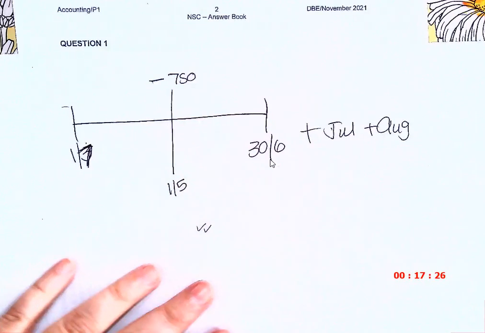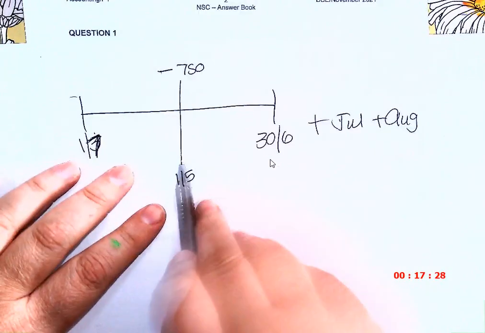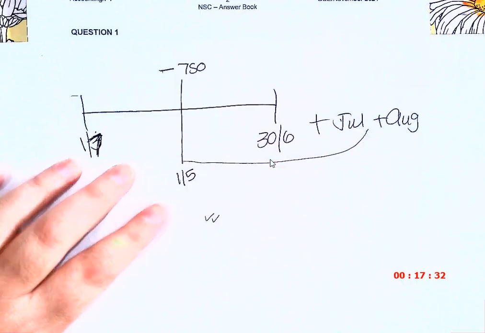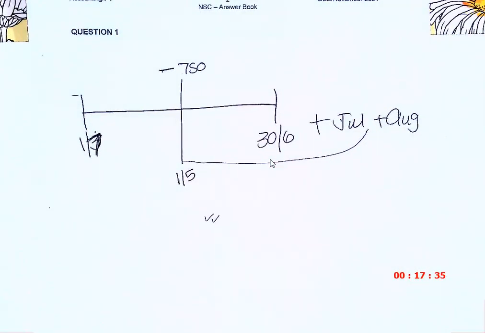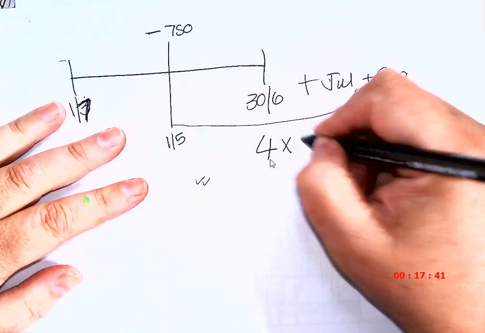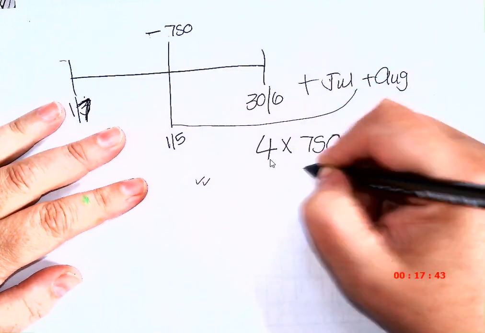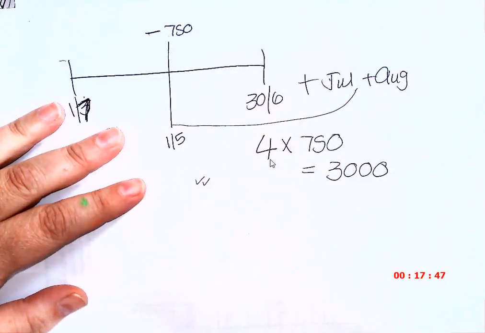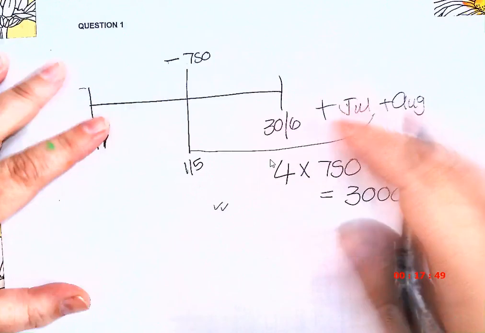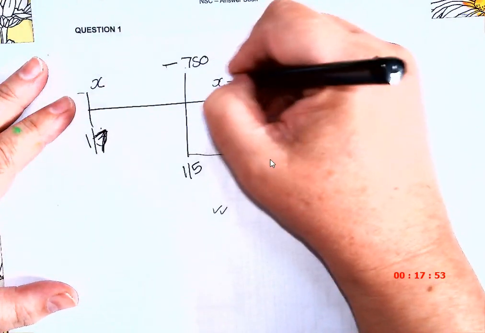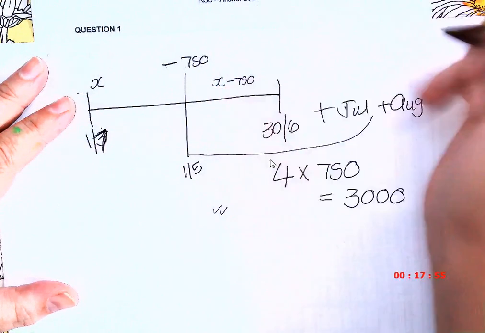Okay. Now, how many months did I receive after the decrease? May, June, July, August. 4 months. Can you see 4 months? I received 750 less than usual. 3,000. Okay. So in other words, here I received X. Here I received X less 750.